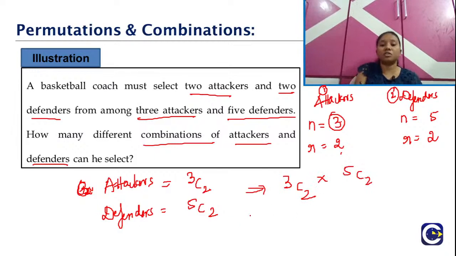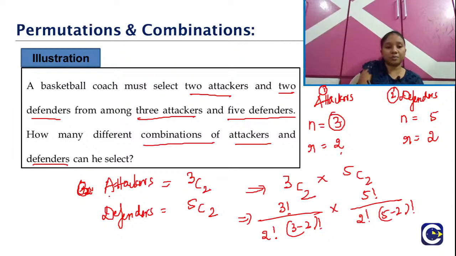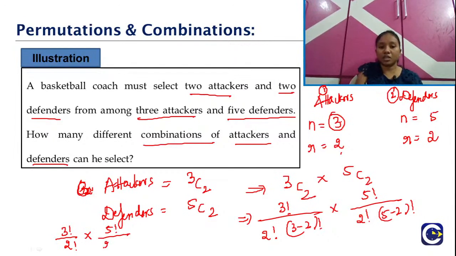So now we have to expand it and find the answer. 3 factorial by 2 factorial into 3 minus 2 factorial, cross here 5 factorial by 2 factorial into 5 minus 2 factorial. Which means, so let me write down here 3 factorial by 2 factorial. So 3 minus 2 will be 1 anyways. And then here 5 factorial by 2 factorial, and 5 minus 2 will be 3 factorial here.